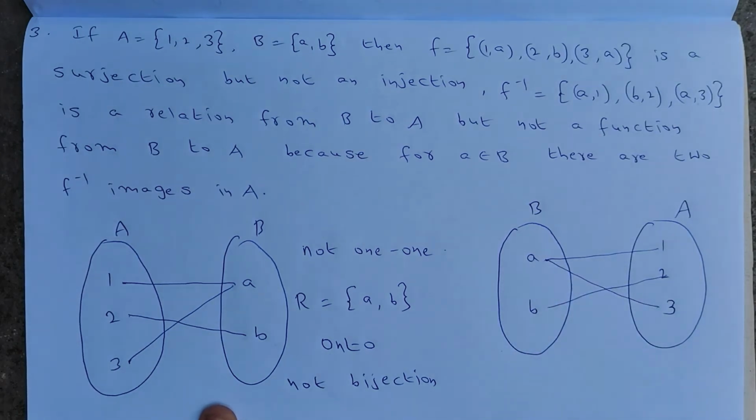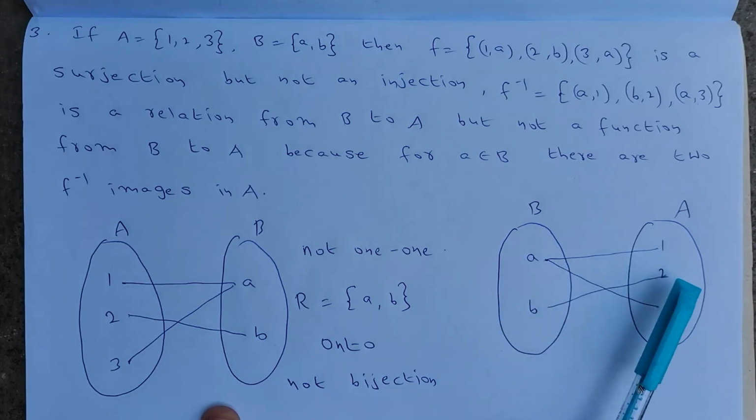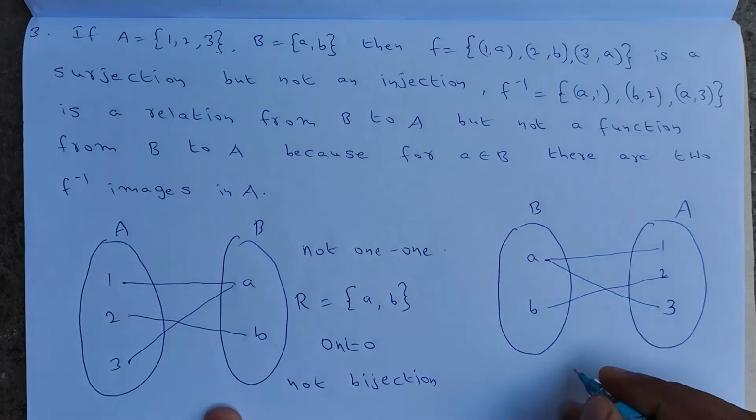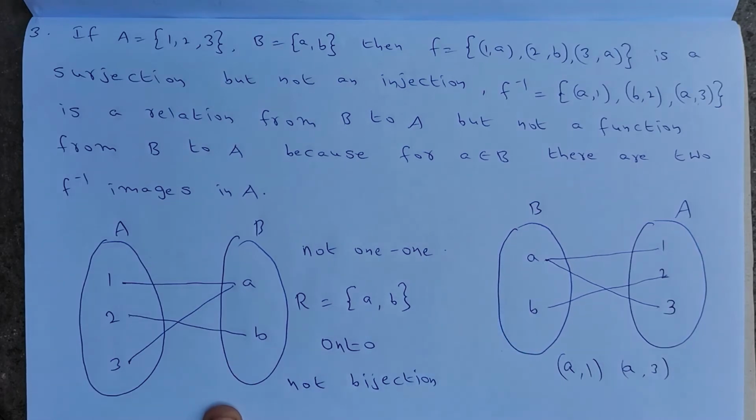If we observe clearly here, element A has two images. One is (A, 1) and one is (A, 3). According to the function's definition, every element should have only one image. But here element A itself has two different images. So that's why this is not a function.